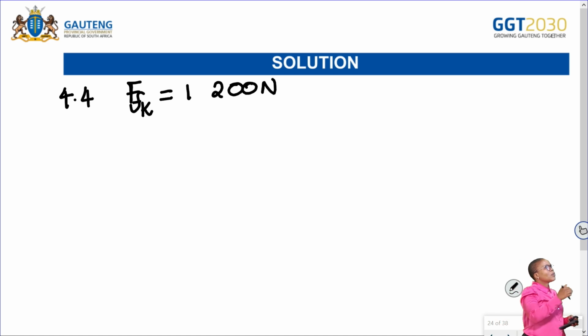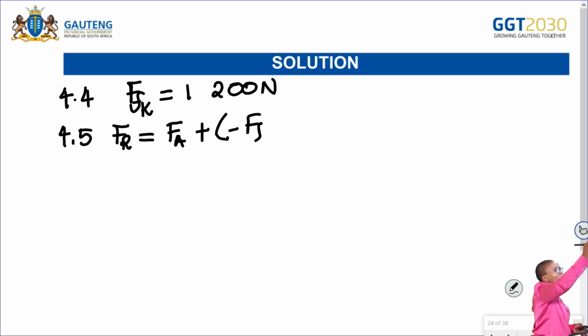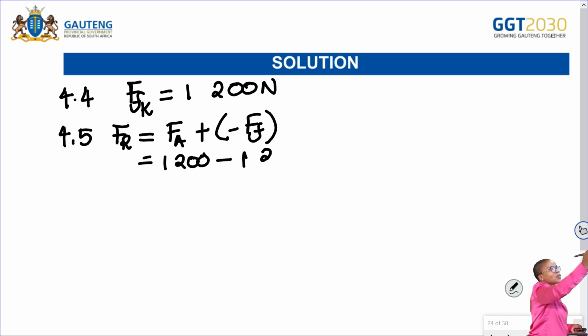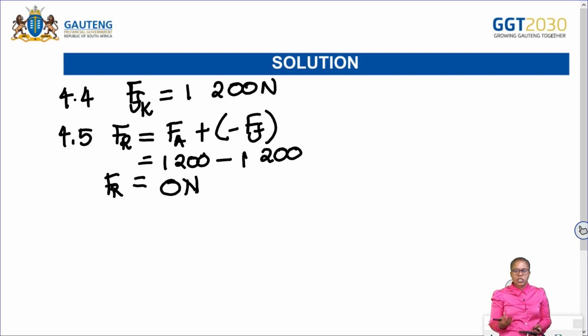So let's make it a 4.5, our FR is equal to FA plus minus the frictional force. But because both of them are of the same magnitude, this is 1,200, which is the applied force, minus 1,200 newtons. Therefore, this will give us 0 newton. Because either of them are cancelling out each other.